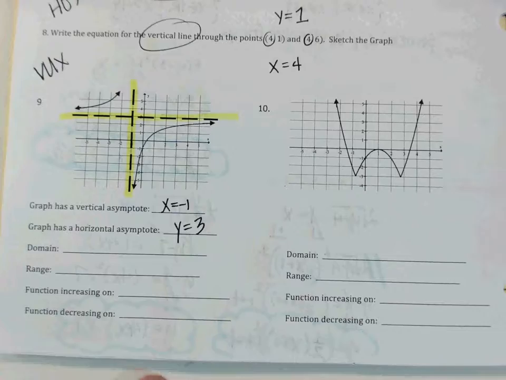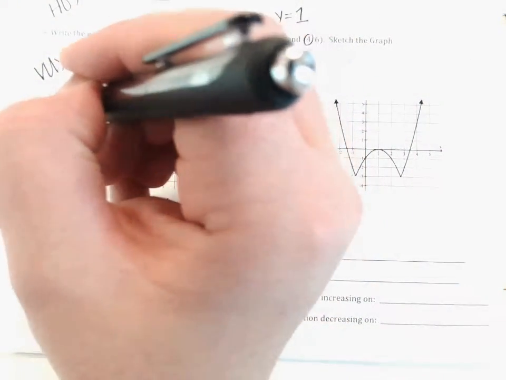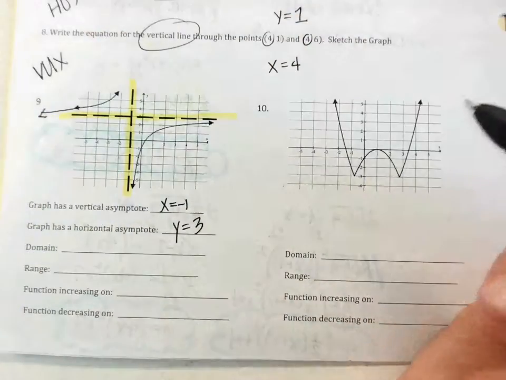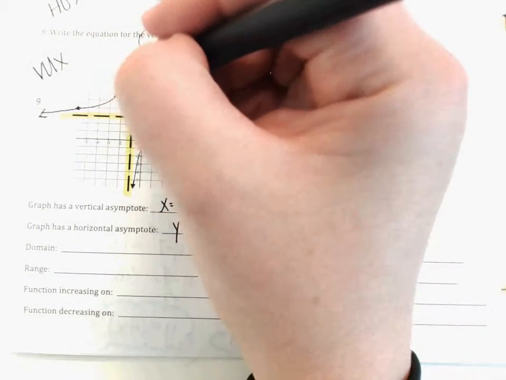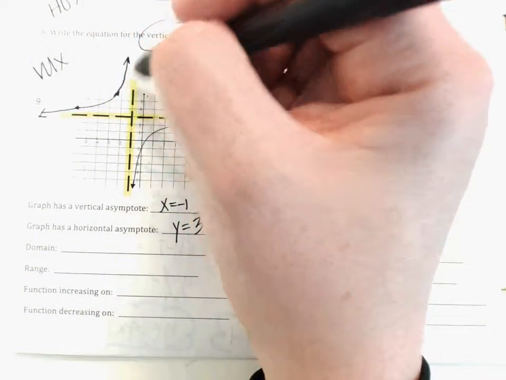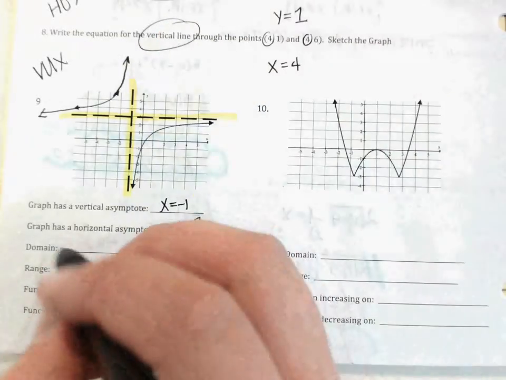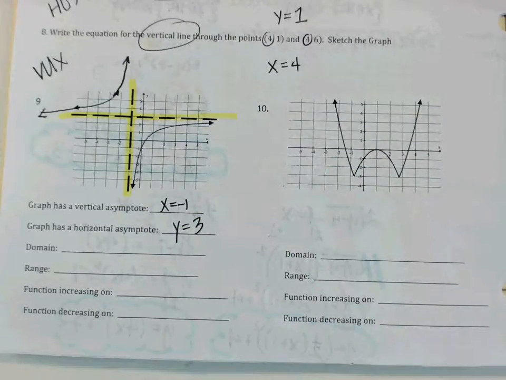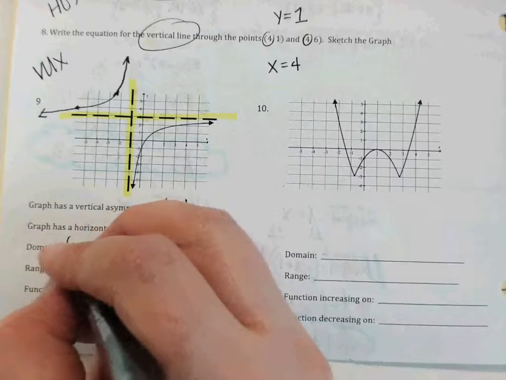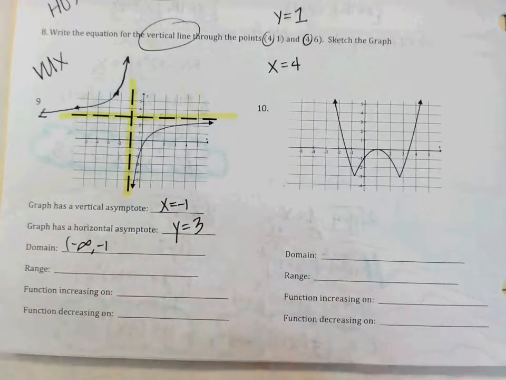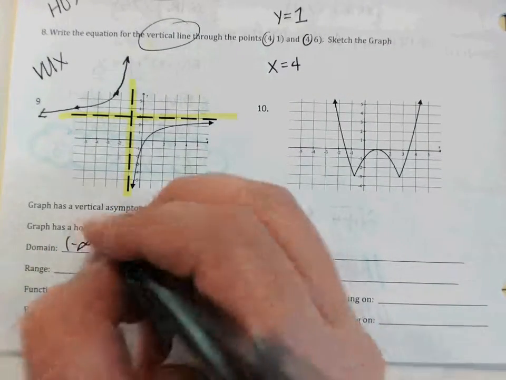So we see our asymptotes. What is the domain then of the graph if it goes forever back here? Negative infinity, right? Okay, now here, it's going to keep going and going, but can it ever touch negative 1? So you'll break it into 2 chunks. So you'll go negative infinity to negative 1. Open or closed on negative 1?